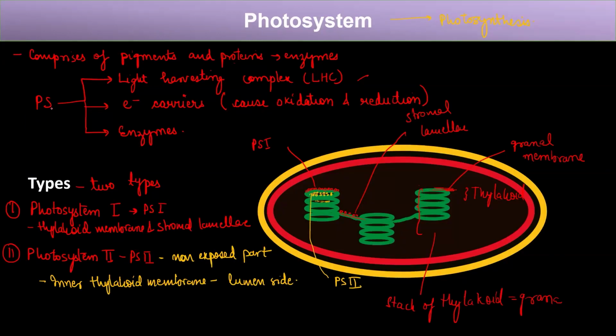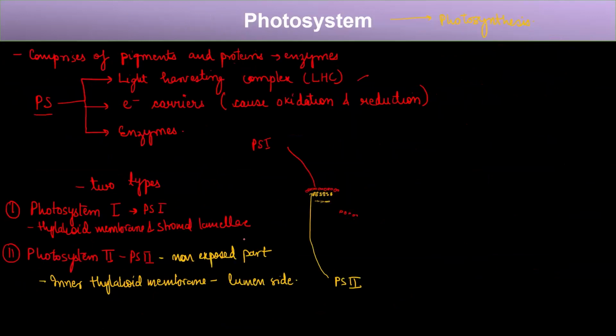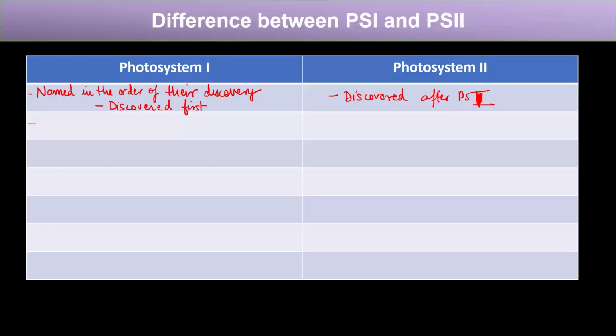Because the photosystems, what do they comprise of? They comprise of this light harvesting complex. And if you go back to the previous slide, the light harvesting complex has the reaction center and antenna, right? So it means that the photosystem will have some reaction center.